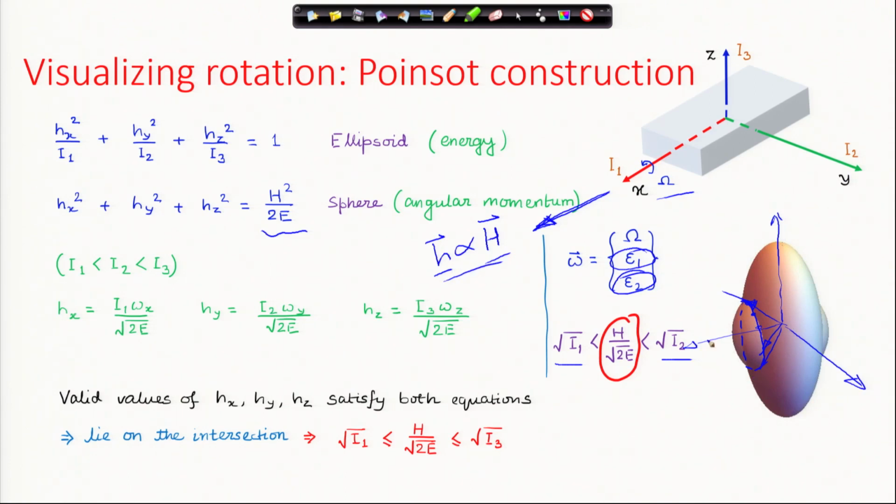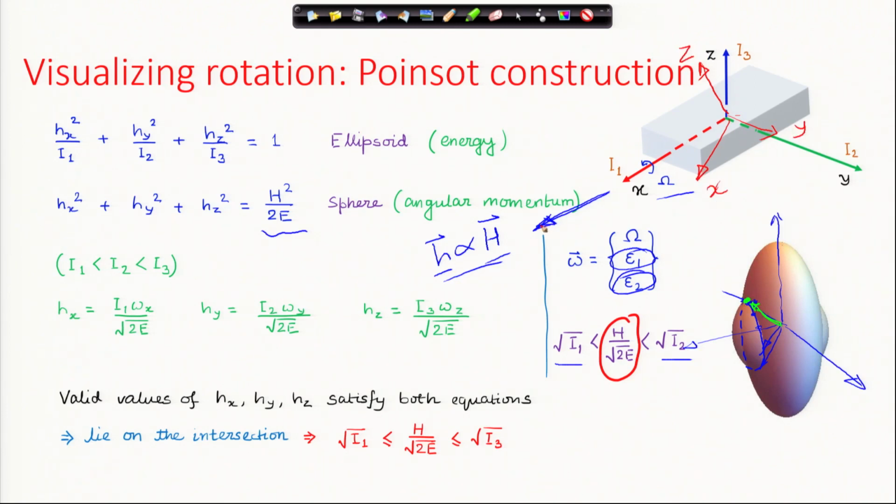So, what is happening? Let me take this point. The h vector is something like this. It has projections in the z direction, in this vertical, inertial direction. What does it mean? How can this happen? This can happen only when the frame is oriented like this.